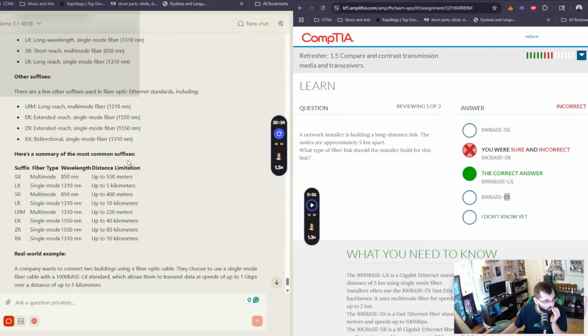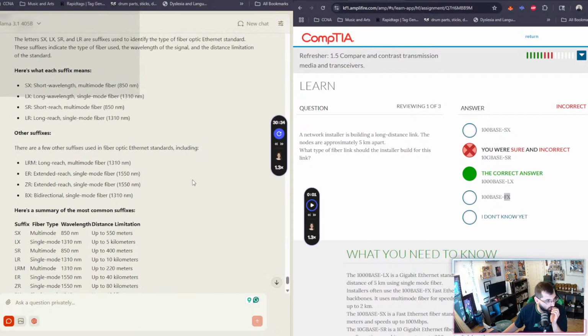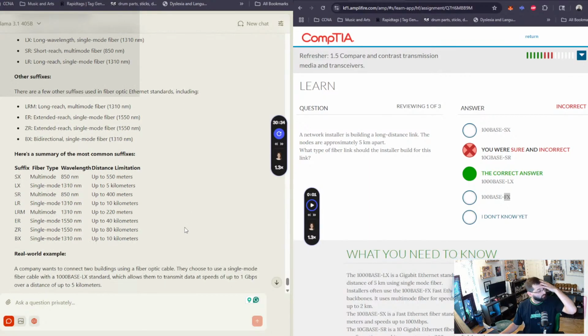Here's a summary of most common suffixes. SX. Okay, I'm glad that I have this all right here. Okay, SX is multi-mode, and that stands for short wavelength. SX.